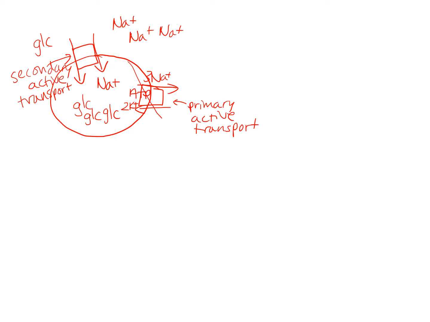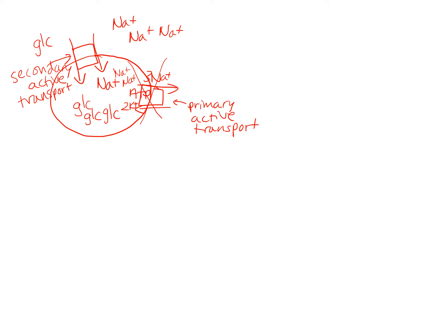If we blocked the sodium-potassium pump and we could no longer pump the sodium ions out of the cell, sodium ions would come in and then eventually they're going to be the same as what's on the outside of the cell. And then that would stop secondary active transport from working and it would shut down.